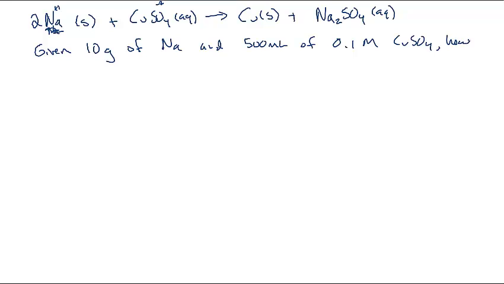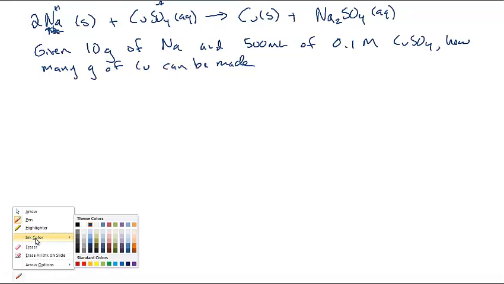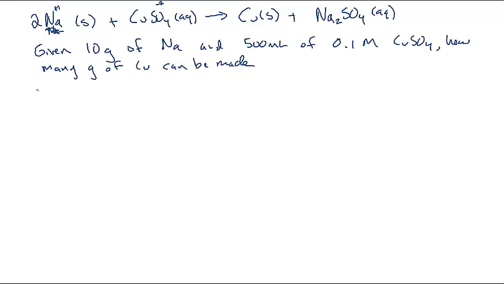How many grams of copper can be made? So what I need to do is first figure out the moles of each. And I'll do this in a different color. So A, moles of each.